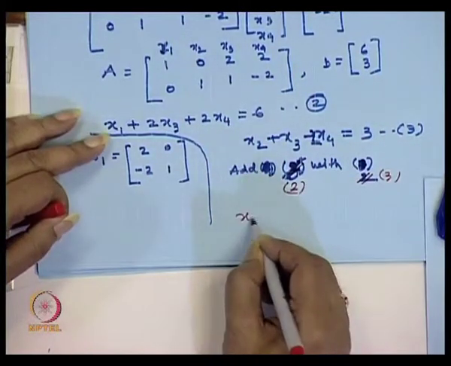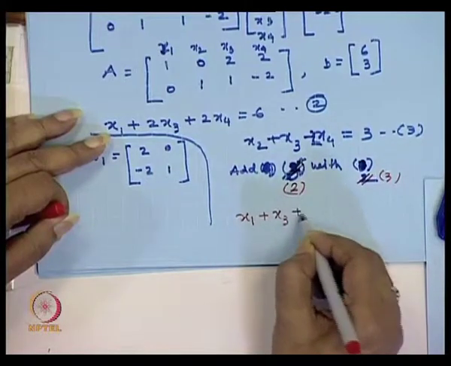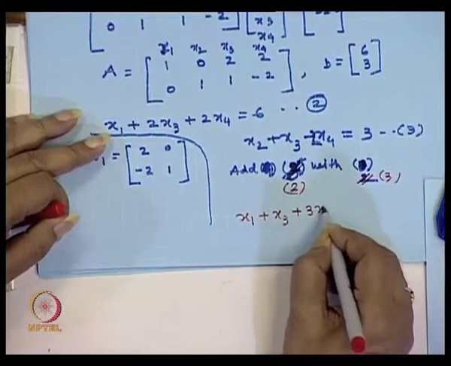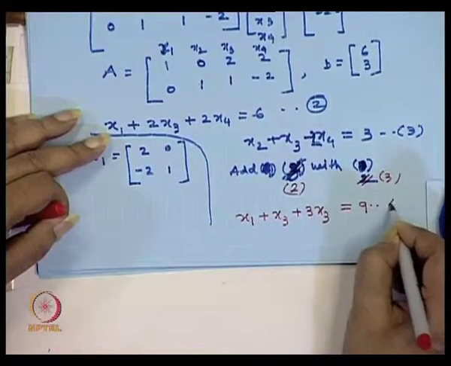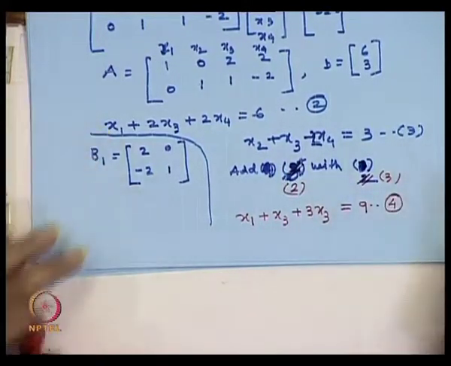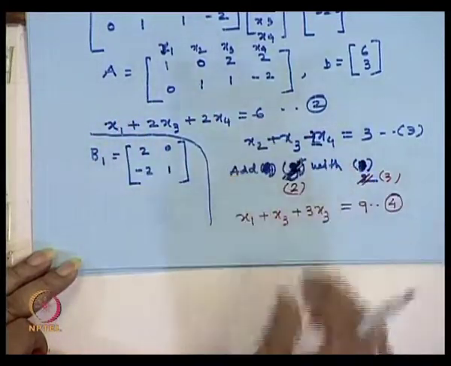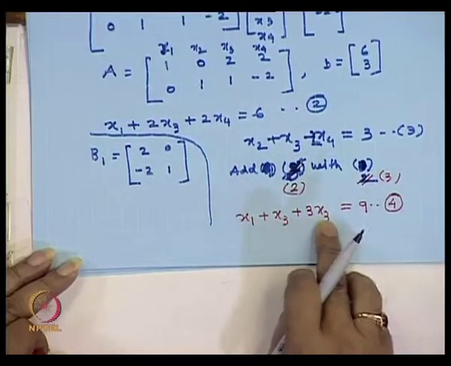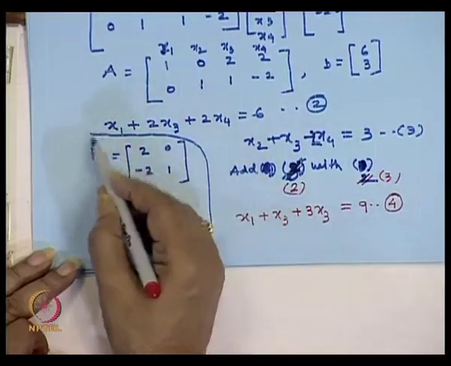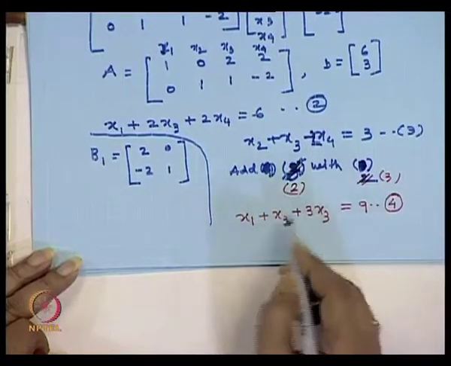You will get x 1 plus x 2 plus 3 x 3 is equal to 9. Let us call this equation number 4. This equation is added with this one. This equation I rewrite here.